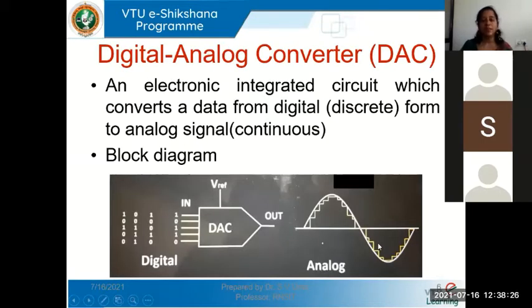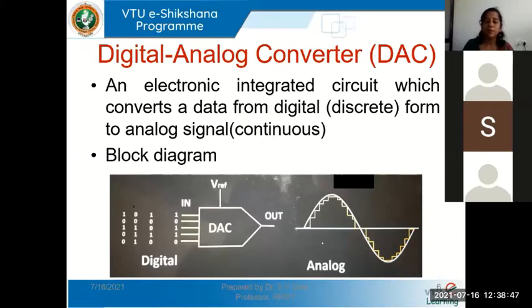Now let's study the digital to analog converters, in short, the DACs. So what is a DAC? A DAC can be defined as an electronic integrated circuit which converts data from digital or discrete form to analog or continuous form.